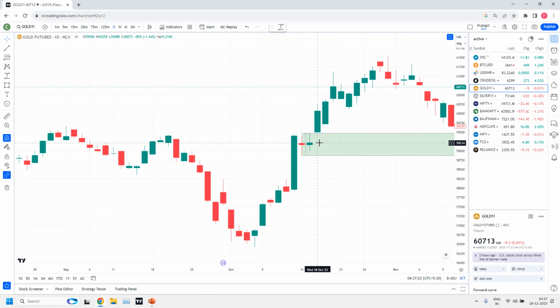So this is an indication of a professional gap. If prices are moving away from the zone with a gap, such gaps are called professional gaps. And when there are professional gaps, mostly, I'm not saying always, but mostly, those zones have strong order flow.